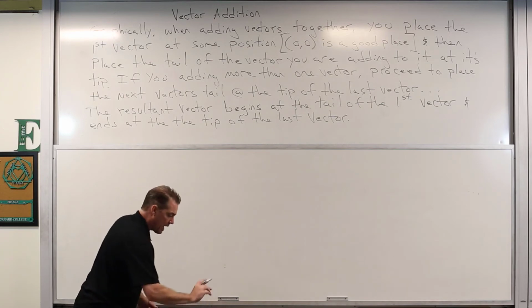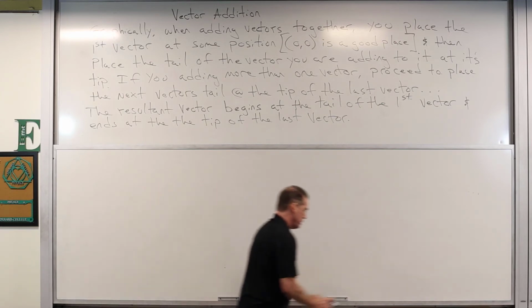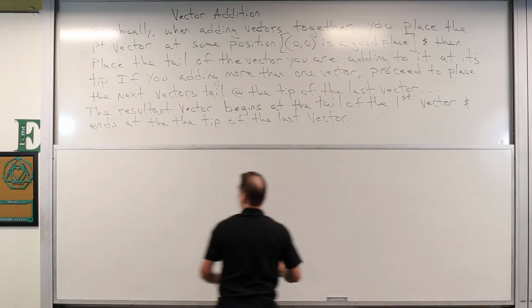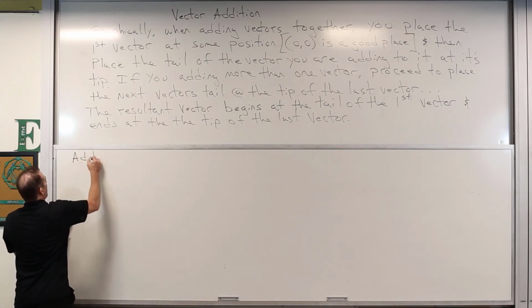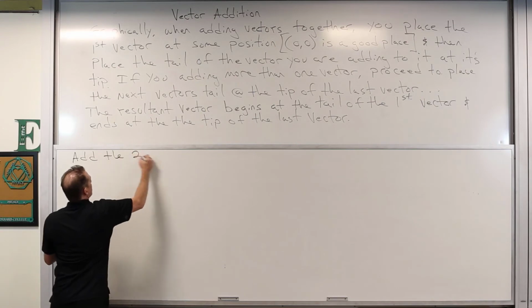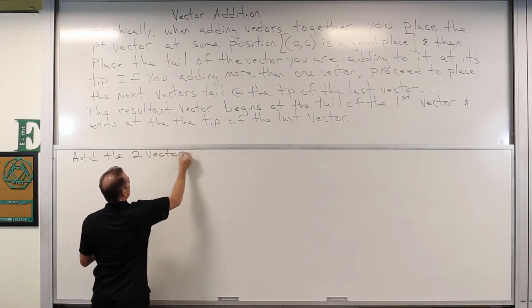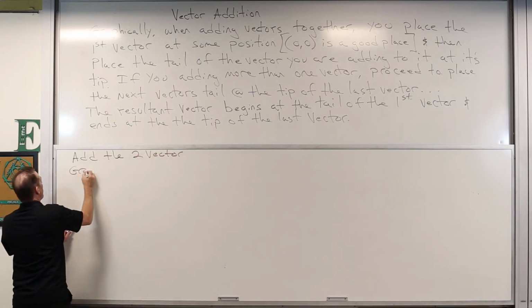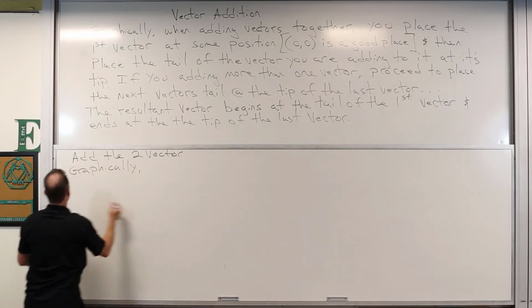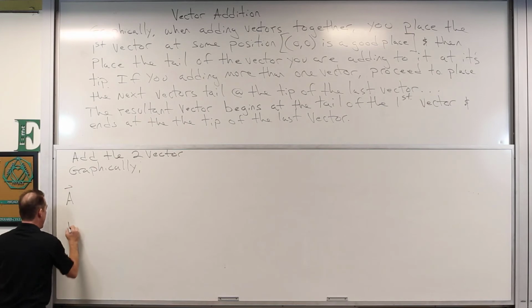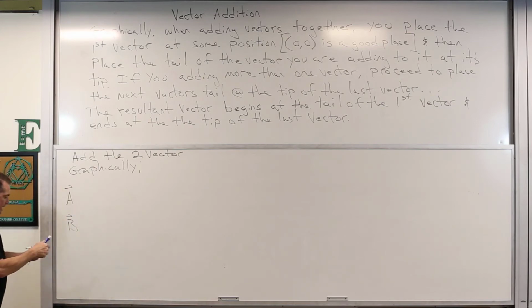All right, so let's say that we've got two vectors. Add the two vectors graphically. We're going to say that we've got an A hat and a B hat.